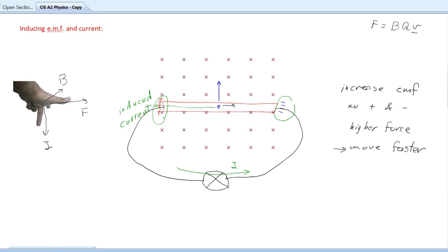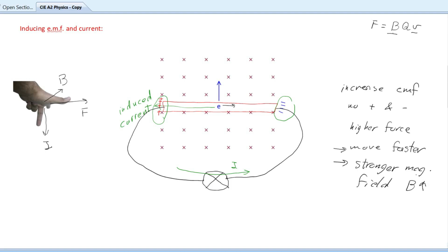Another thing that you can do to increase the force on the electrons is by increasing the flux density of the magnetic field. So you would use a stronger magnet or stronger magnetic field, which gives you a higher value for flux density.